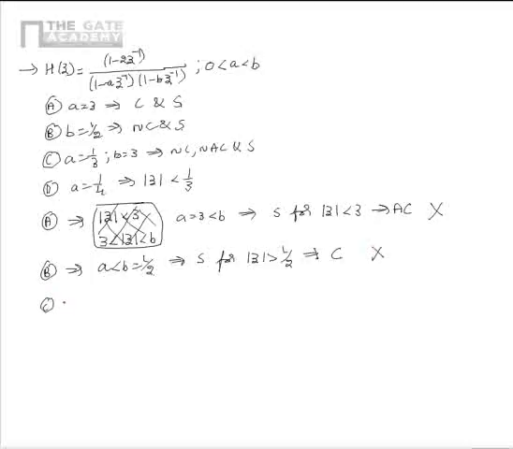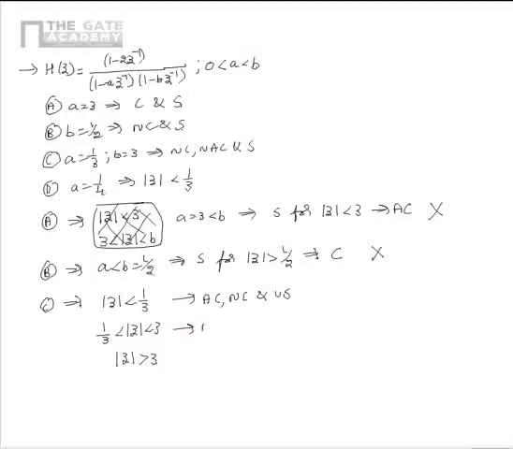In case of option C, it's given that a = 1/3 and b = 3. So the possible ROCs are |z| < 1/3, 1/3 < |z| < 3, and |z| > 3. In the first case, the system is anti-causal and unstable.